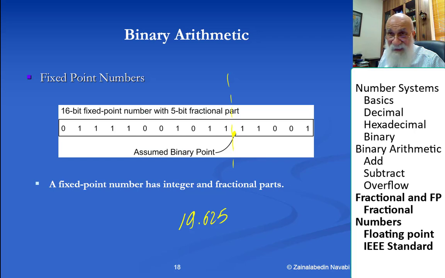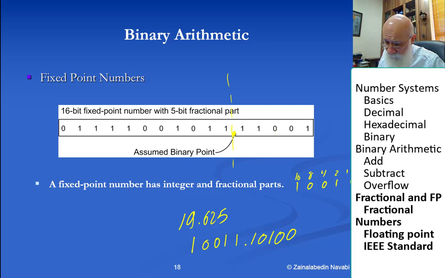To represent that in this fixed point, I say .625 is 101, but then I have 1, 2, 3, 4, 5, and therefore 2 zeros here. 19 is 16 plus 2 plus 1, which is 10011.